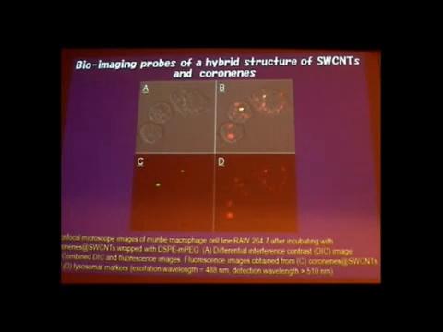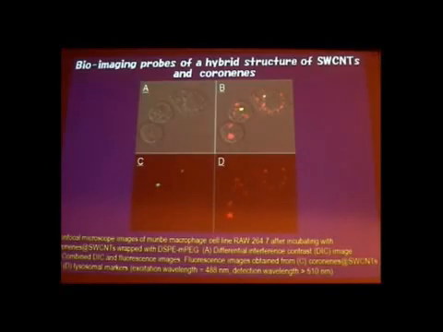Applications: we can put the coronene into carbon nanotubes, and these are actually bacteriophages. They eat this carbon nanotube, and of course inside the carbon nanotube we have the coronene.